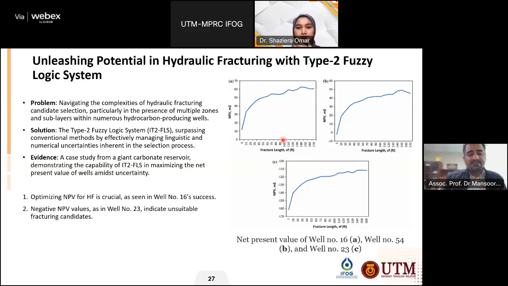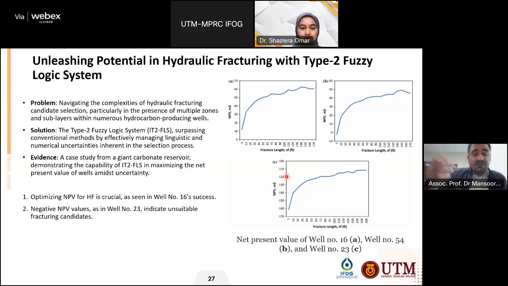So we have other wells such as well number 54 and also well number 23. As you can see, they show exclusively negative NPV values, suggesting the incremental revenue wouldn't justify the cost, making them unsuitable candidates for fracturing.